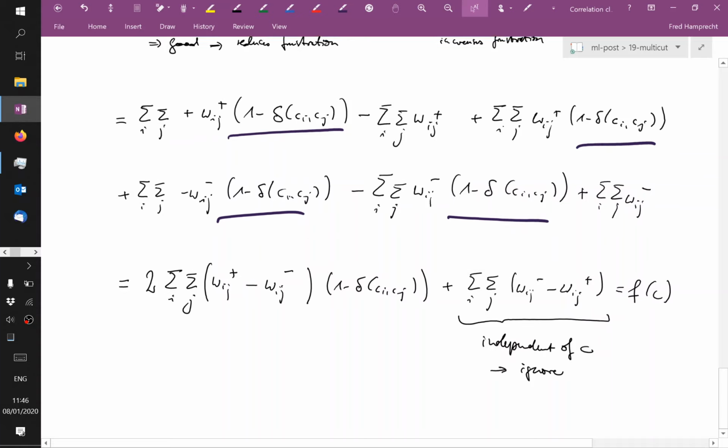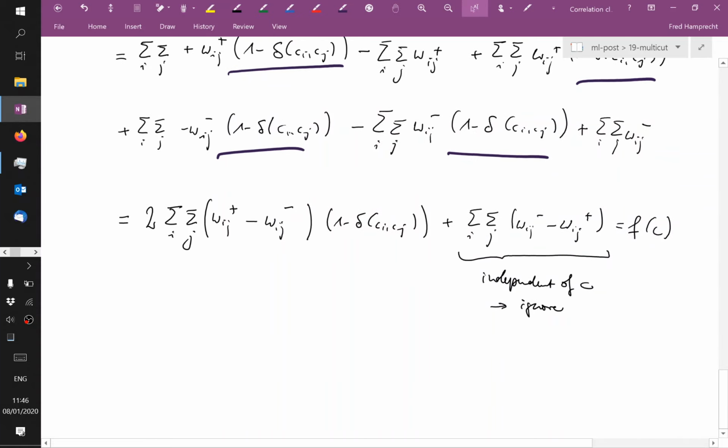And I'm also not very interested in this factor of 2 in front. So I'm going to create a new function, which I'm calling E of c, where E here is for energy. And it looks like this.